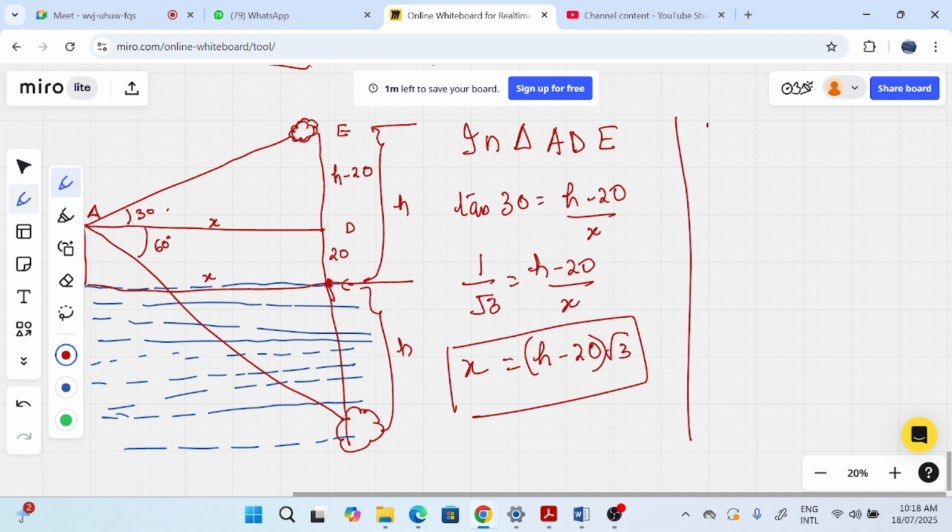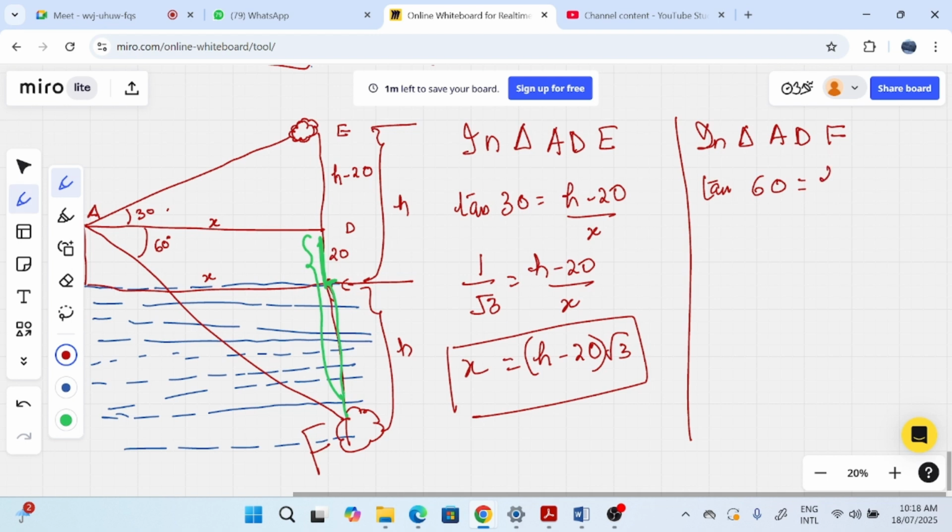Now you go to your next triangle. In triangle ADF, tan 60 is equal to, see, here, observe, this is the height they are looking at. So from the water till the cloud it is h and this portion is 20.